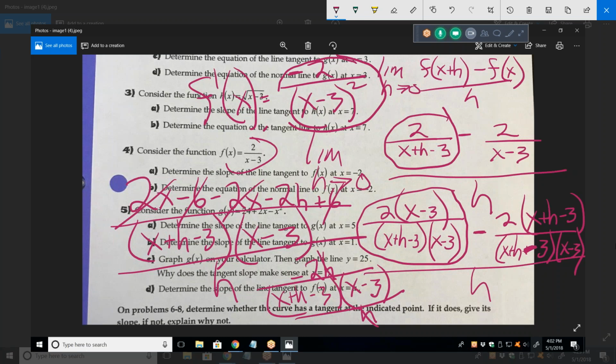We started with this function here. The first derivative is this function up here, f prime of x. That's what it means. And now if I want the slope of the tangent line anywhere, I just plug in minus 2. So if I want f prime of minus 2, what's that give me? Minus 2/25.